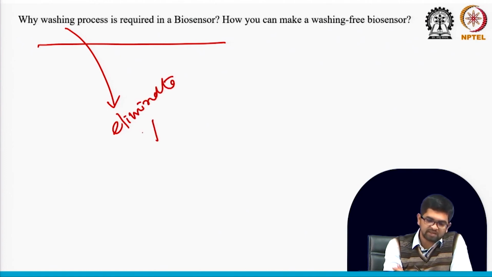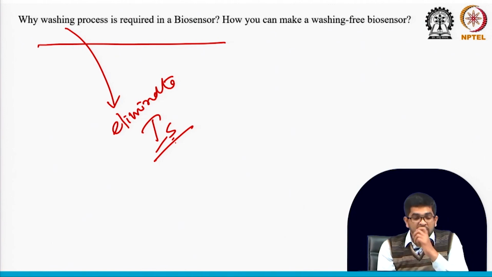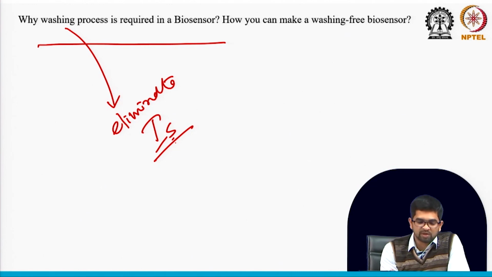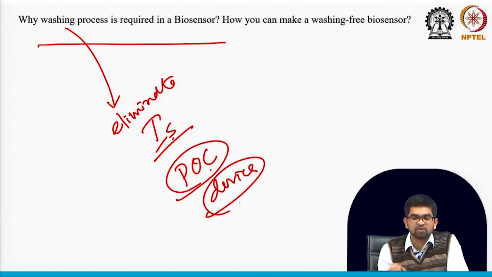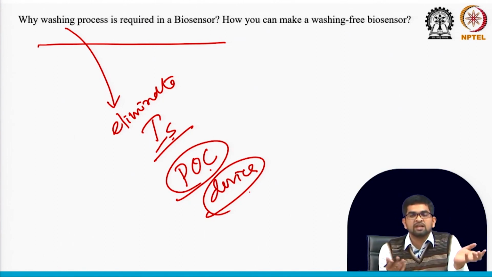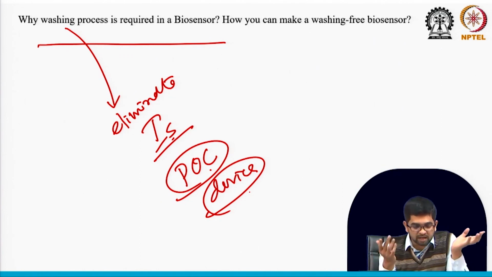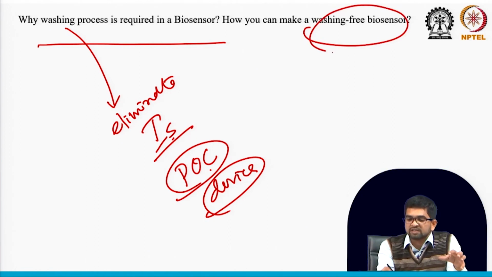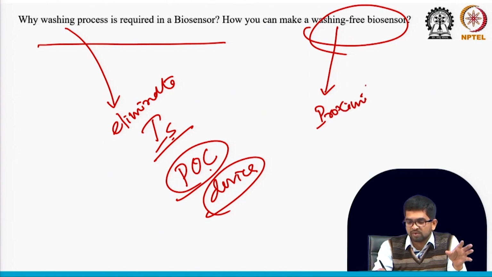But this washing process is not always possible if you want to develop a point of care testing device, because this course is about point of care development. A layman can't do washing on site. So you have to develop washing free biosensors, that I already taught you. So how can you develop the washing free biosensor? That is proximity dependent, right? Proximity dependent.